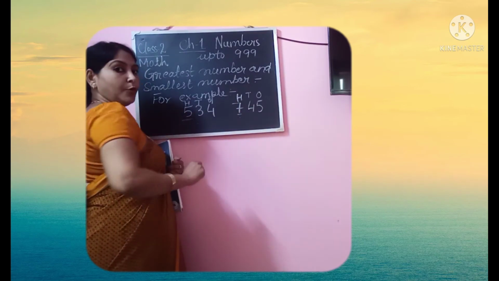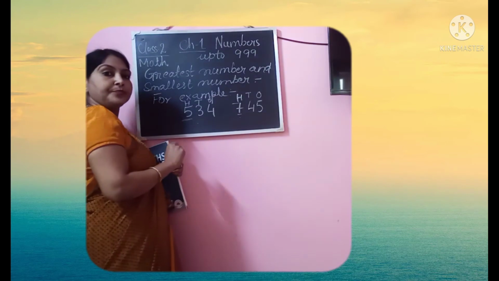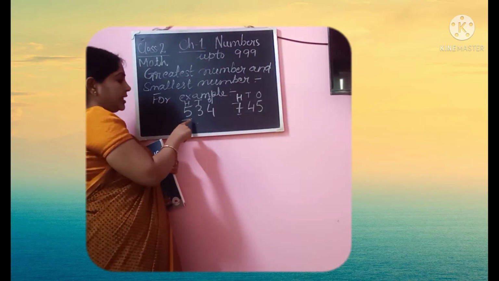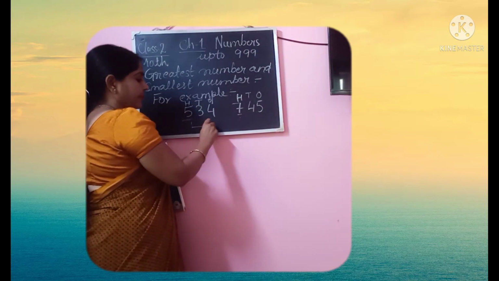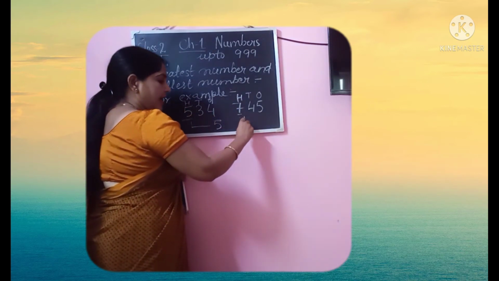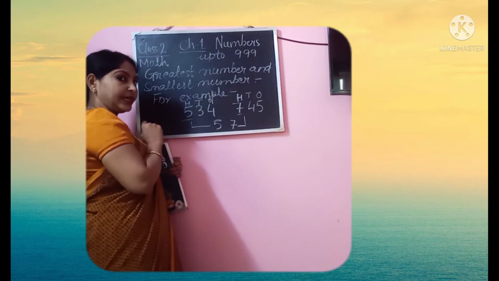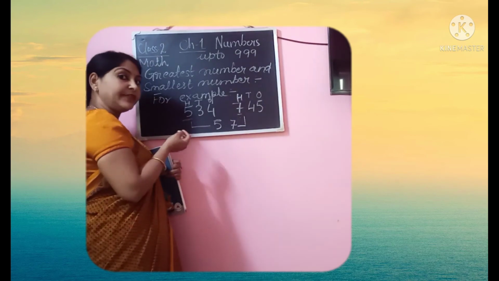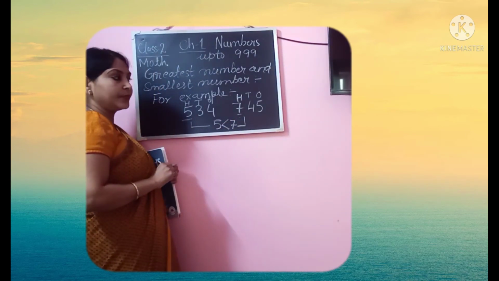In both the numbers, the highest place value is hundreds. You see here in this number it is having 5 and here it is having 7. Now which one is greater? 5 is greater or 7 is greater? Of course 7 is greater.